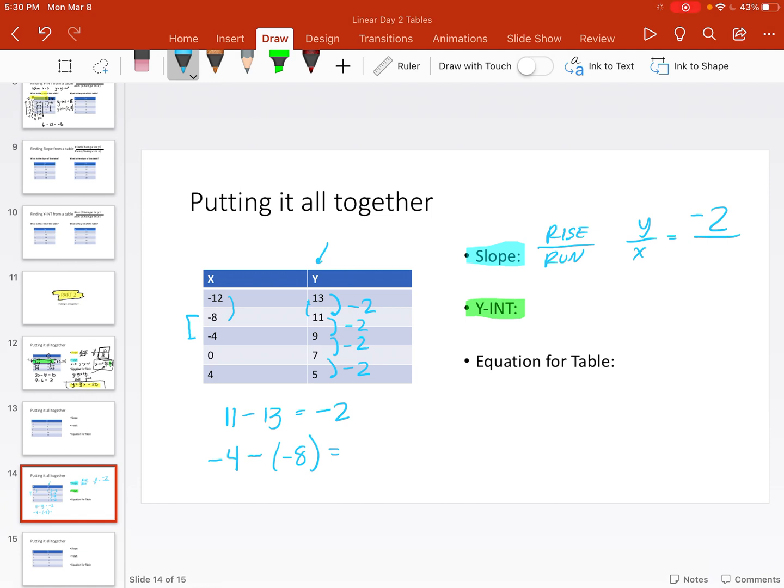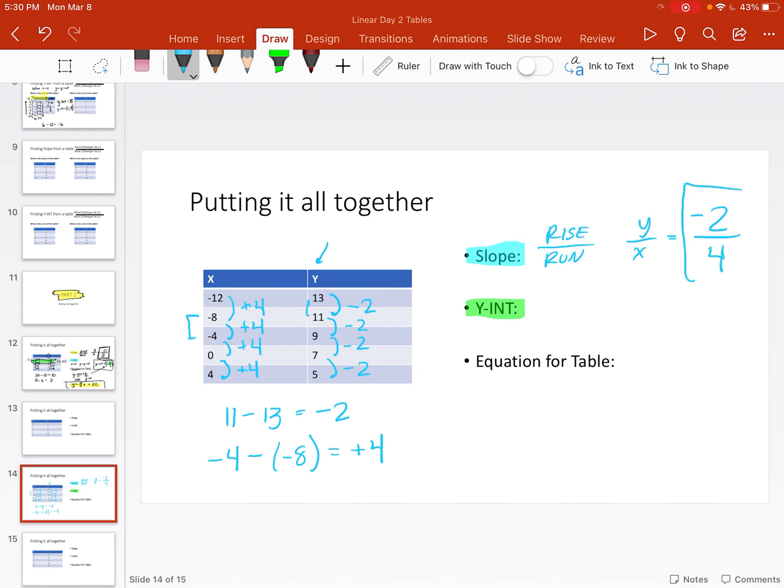I'm going to put that in parentheses just to break up the negatives. In this case, -4 minus -8 is going to get us a funky +4. That's because if we're in the negatives, if we're adding, we're actually getting closer to 0. You can see it becomes apparent when we're at 0. How do I get from 0 to 4? We would be adding 4. So I can go ahead and plug that in.